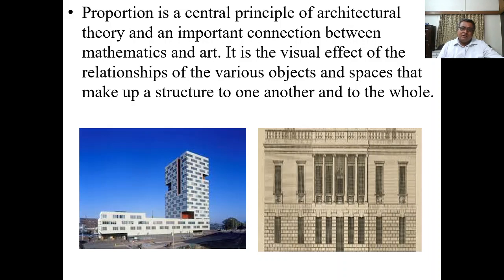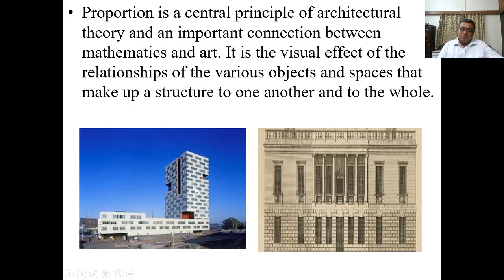Here we can see this structure. This is somewhat the length of the structure. Here is somewhat larger, but here the height of the structure is somewhat larger. So we can say that both the structures are contrast, but they are in proportion.